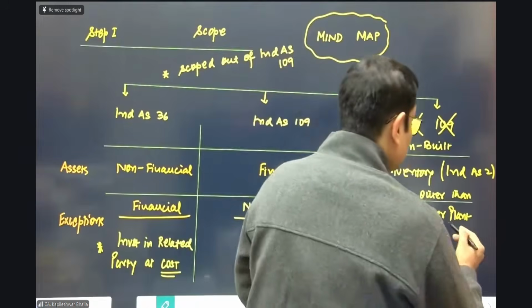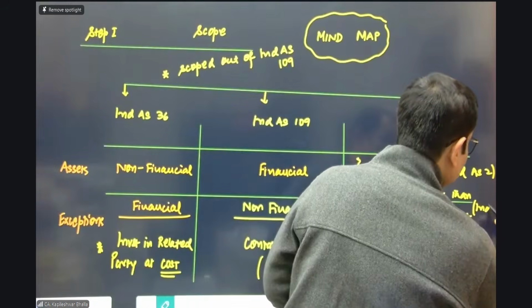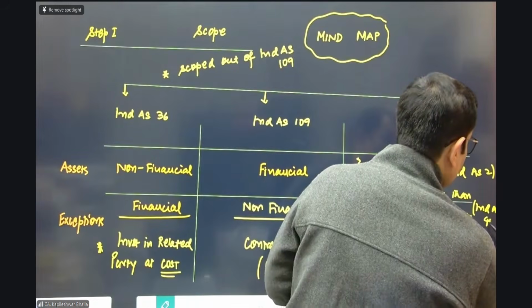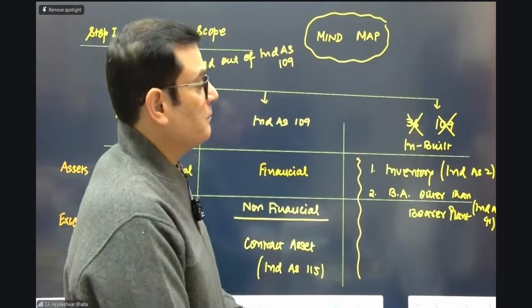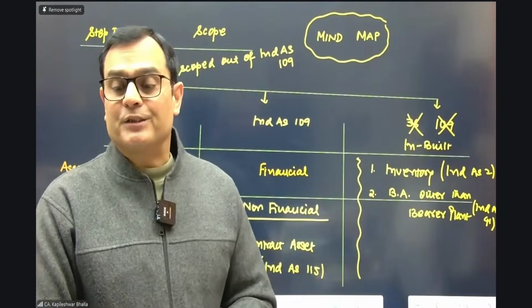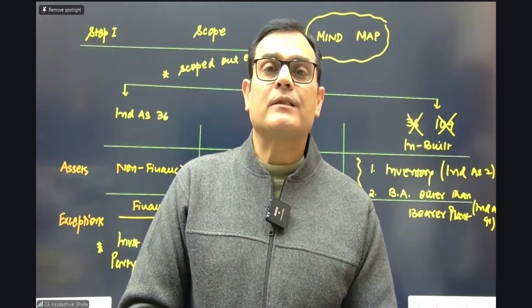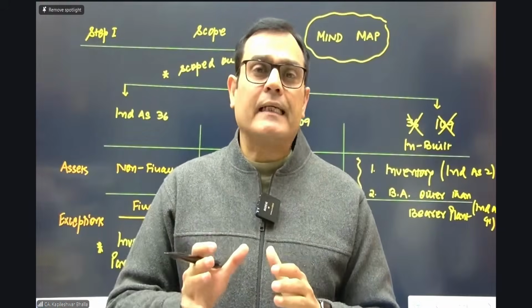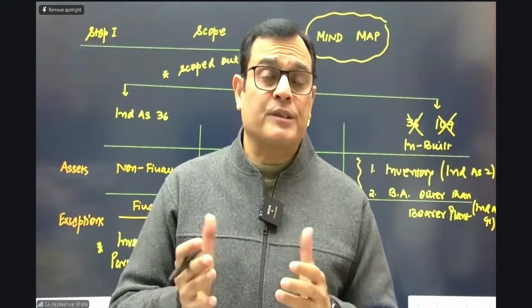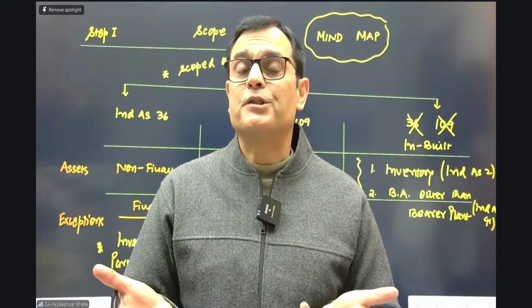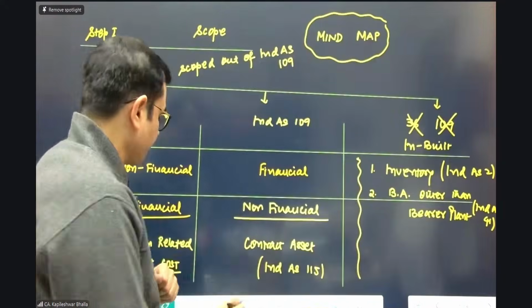So we're looking at those other than bearer plant, which is covered under Ind AS 41. The reason in this case is that biological assets are taken at a net fair value. They're captured at fair value less the cost to sell. Since they are captured at fair value less cost to sell, the concept of impairment testing is not applicable.